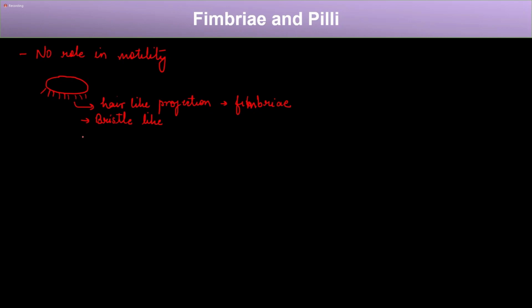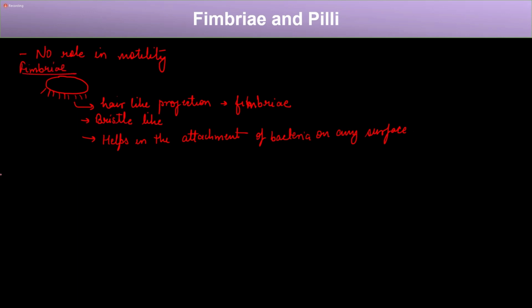And what is its function? It helps in attachment. Suppose this bacteria wants to attach to a certain surface; it helps in the attachment of bacteria on any surface. So this is the role of fimbriae.